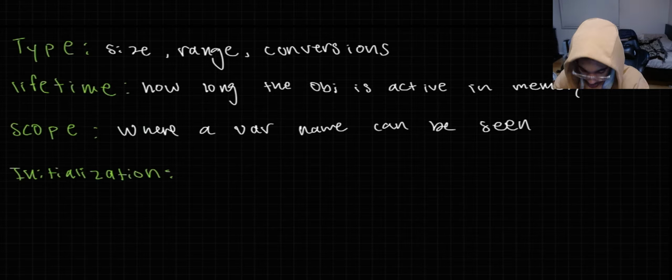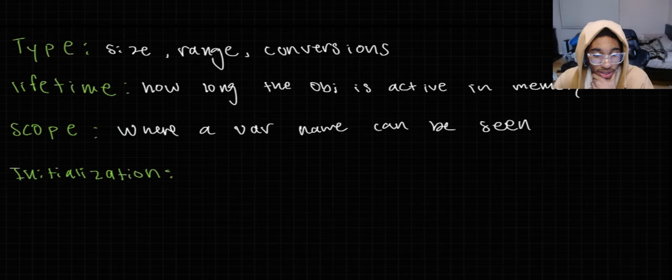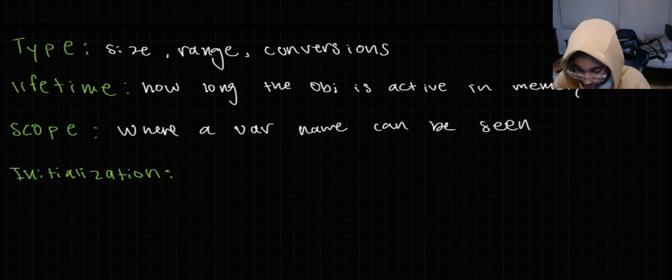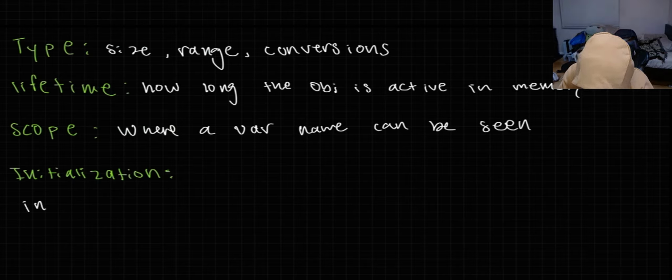What else do we have? And we have initialization. So what it means to be initialized is the object is defined with the value at creation. That can look like int x. Sorry about that. Int x equals 0.